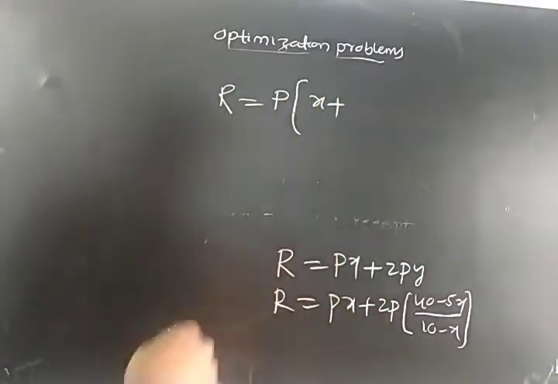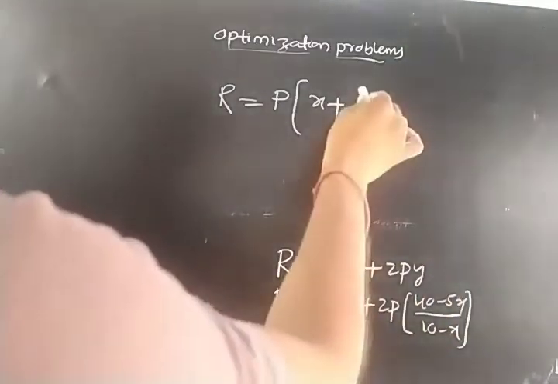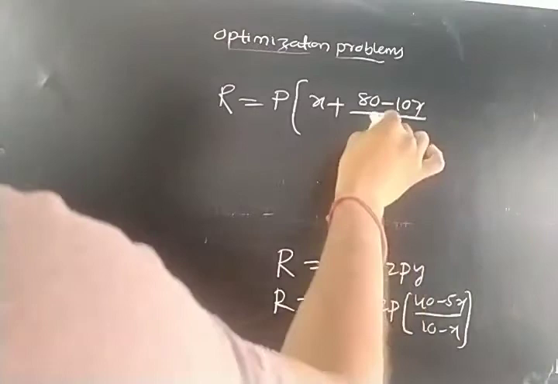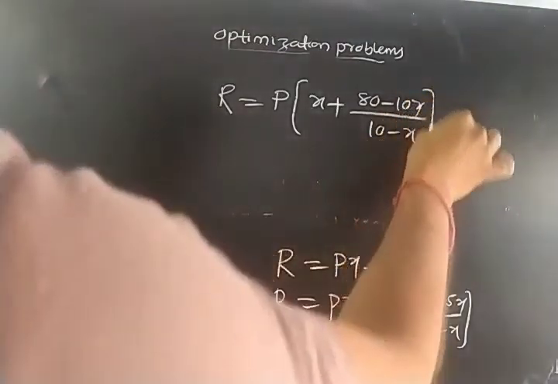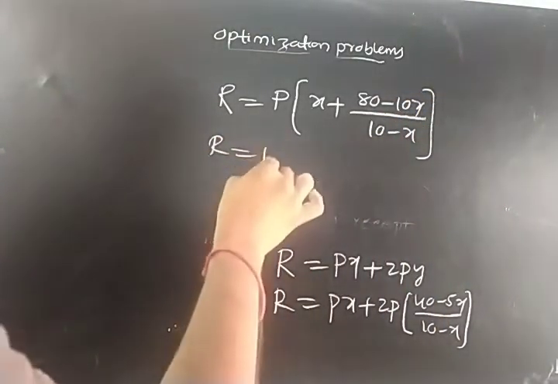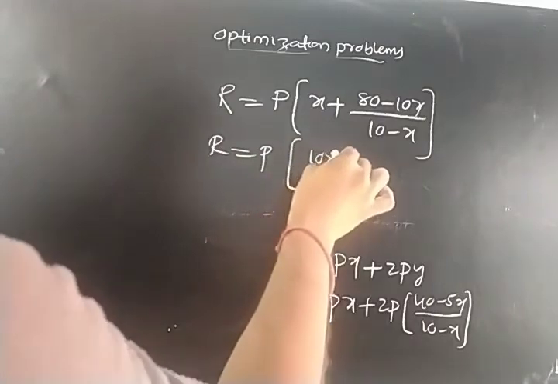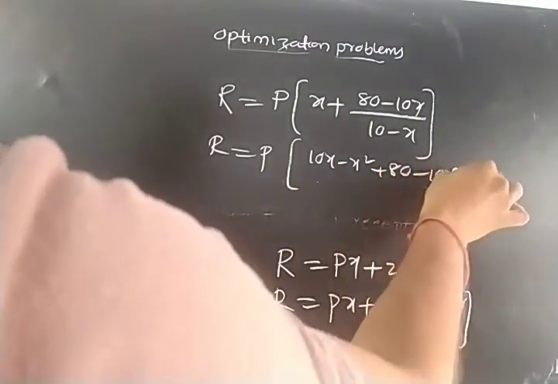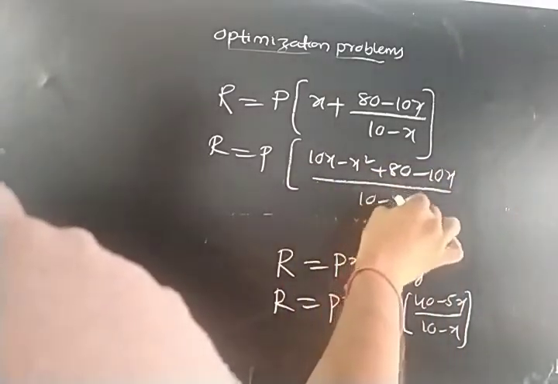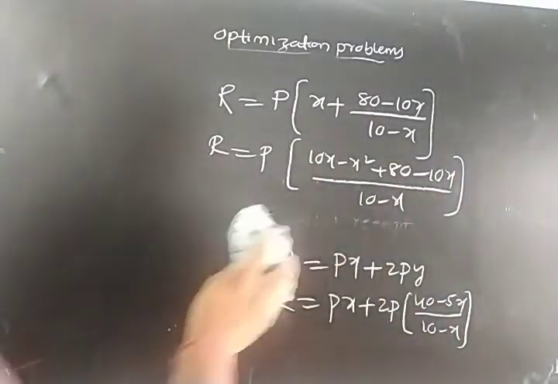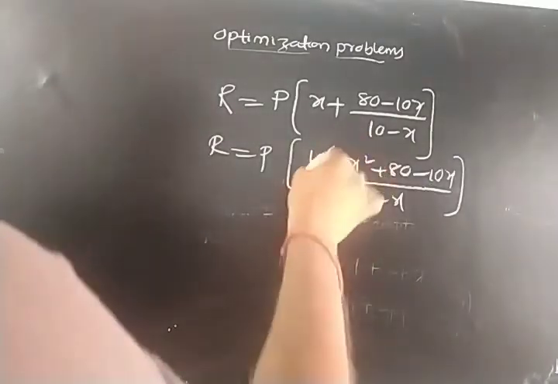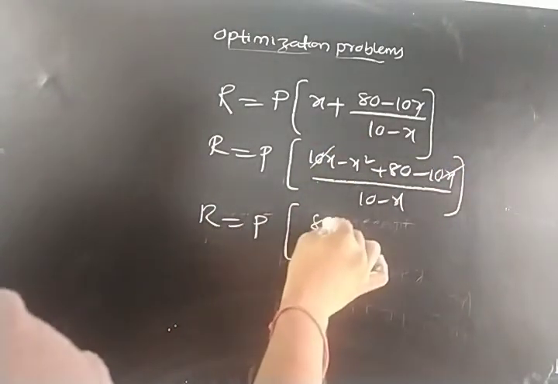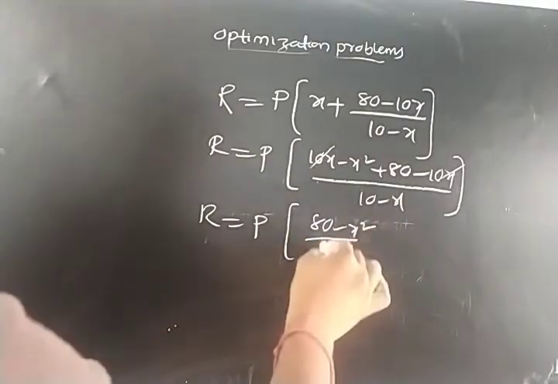X plus 2 multiply with 2, 80 minus 10x by 10 minus x, equal to P into, by taking LCM, 10x minus x square plus 80 minus 10x by 10 minus x. Okay. Now here 10x cancel, equal to P into 80 minus x square by 10 minus x.